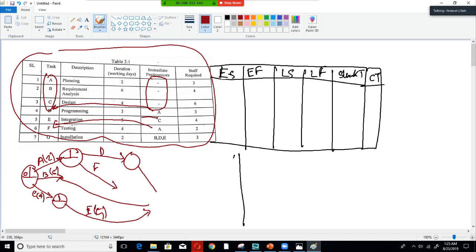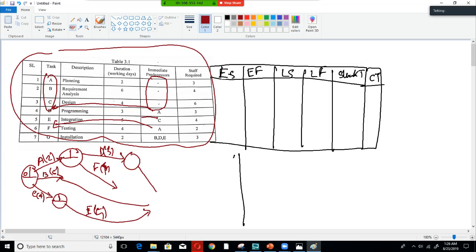F has the duration of 4. D has the duration of 3.